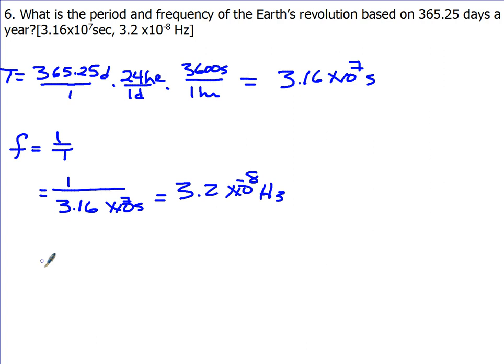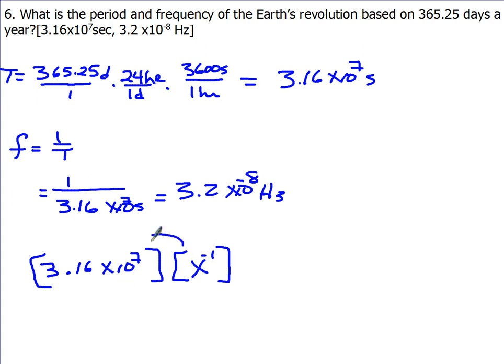So if you've got 3.16 on your calculator, and it'll say EE, but I'll just put times 10 to the 7th, all right? And you want to get the frequency, you want to look for a button that has x to the minus 1. This button right here will take the inverse, or do this process right here for whatever is right in front of it. So try that. See if that works.